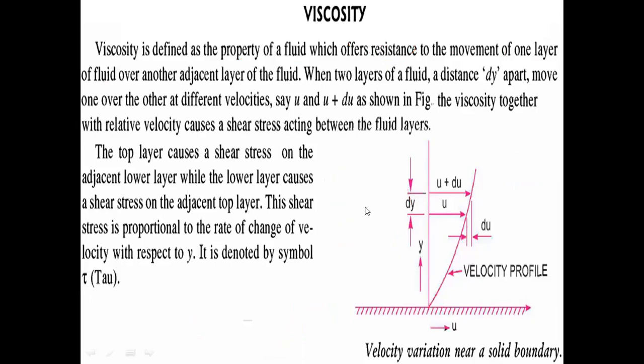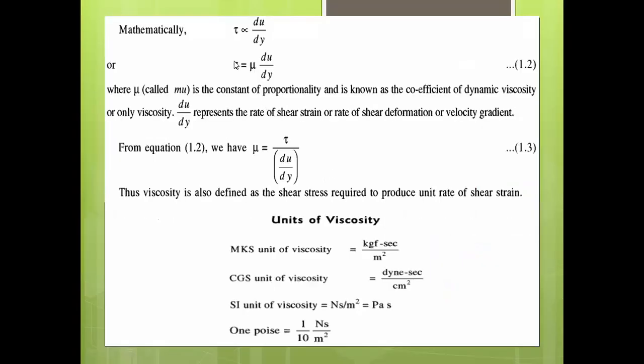So in your notebook, just write down this formula: tau is equal to mu into du by dy. These two formulas, mathematical expressions, you can write down because these are important for us. Write down these two equations.